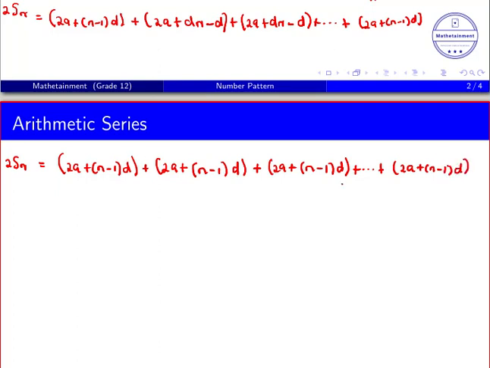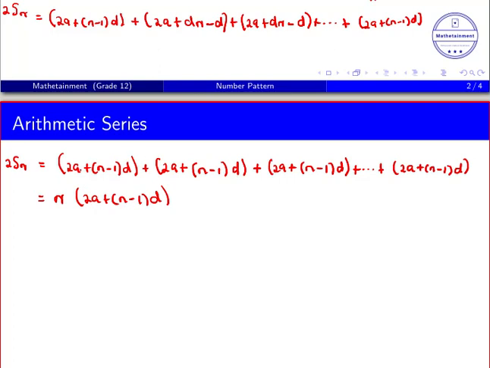So you see here this is the same as n times (2a plus (n minus 1) times d). Why am I saying this is the same as n times 2a plus (n minus 1) times d?